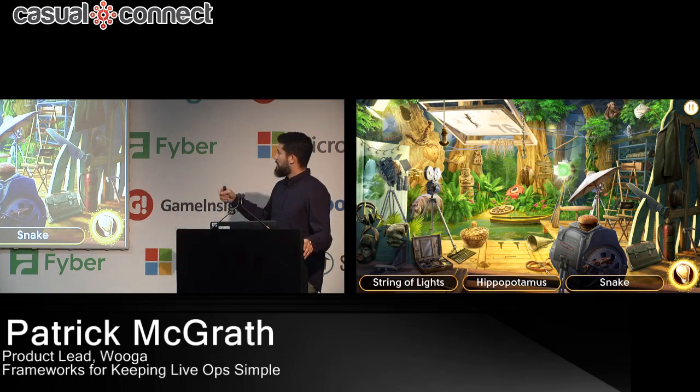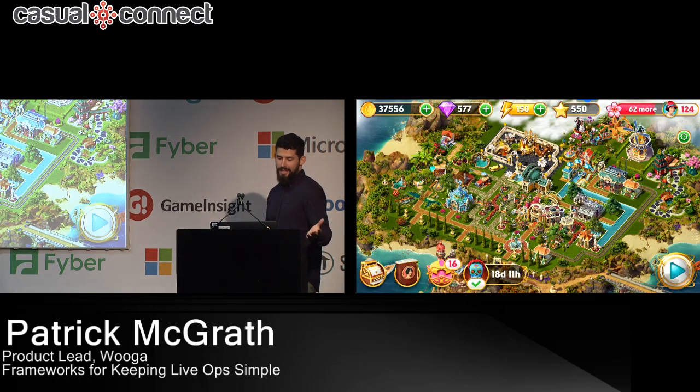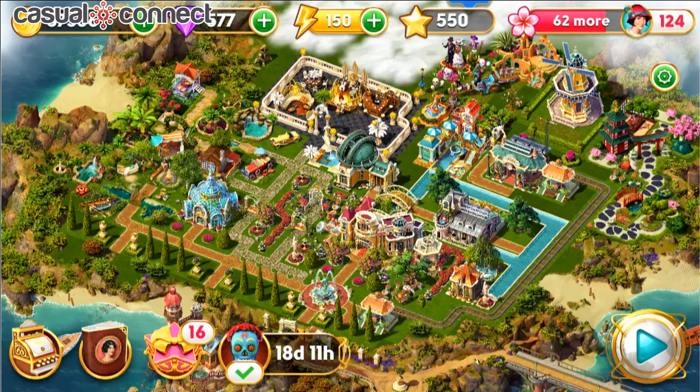You have to find 15 of these to complete the scene, and depending on how quickly you do this, you get bigger rewards. To finish off the core loop, we have an island. Yay, building things. You get these rewards, you come to your island, you build all the decorations. This is what gives you the flowers that you see here in the top corner that allow you to progress.